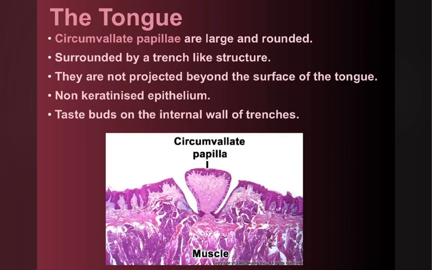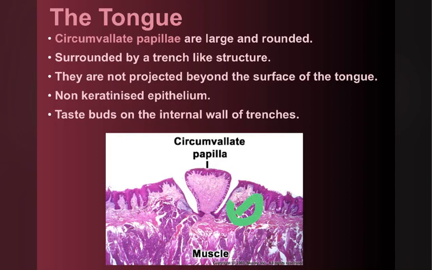Here we see a circumvallate papilla. It's large. You see a groove on either side. It's called a trench or groove. The taste buds are on the lateral sides of the papilla, near the groove.